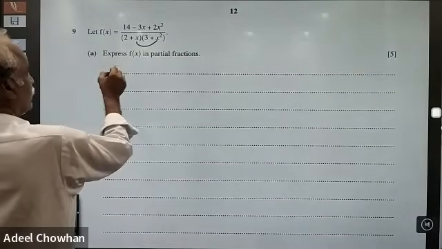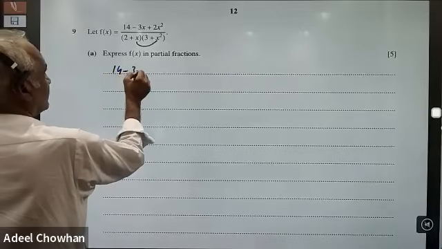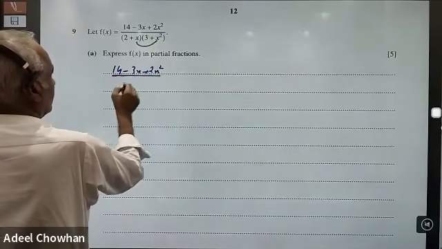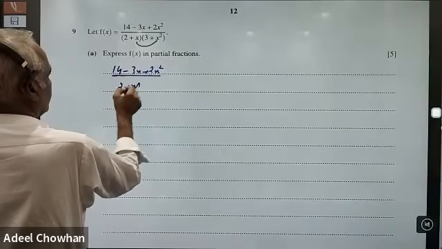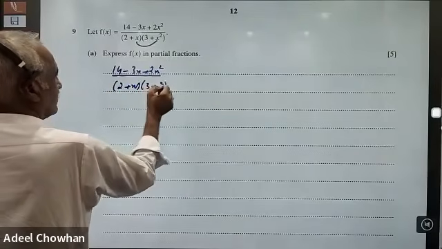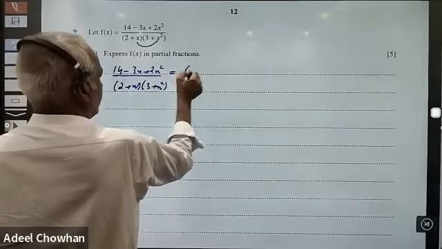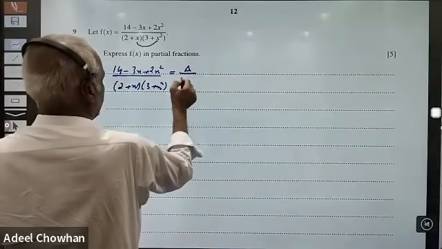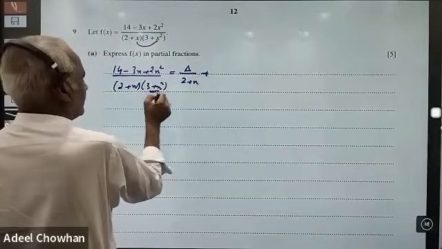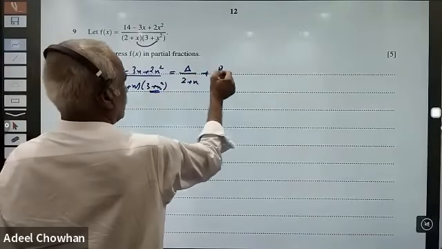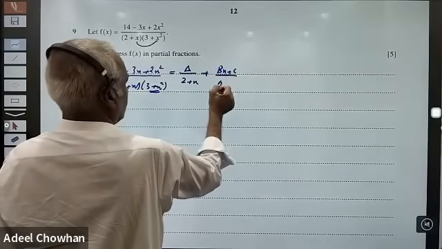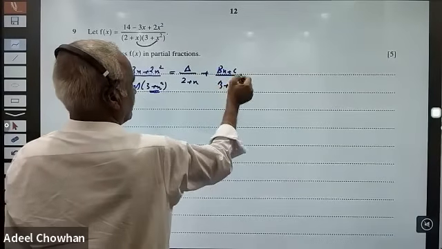So that should be equal to 14 minus 3x plus 2x square over 2 plus x into 3 plus x square is equal to a over 2 plus x, because it is an unfactorable quadratic, so it should be bx plus c over 3 plus x square.